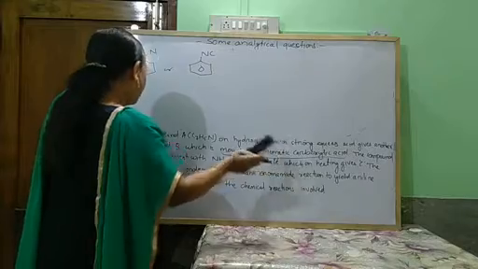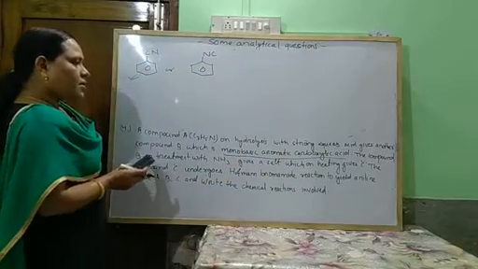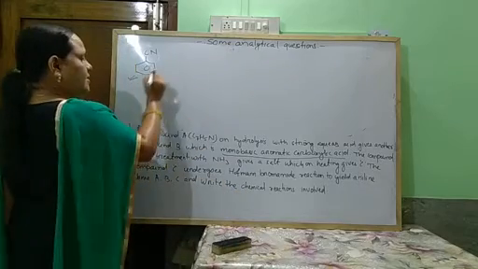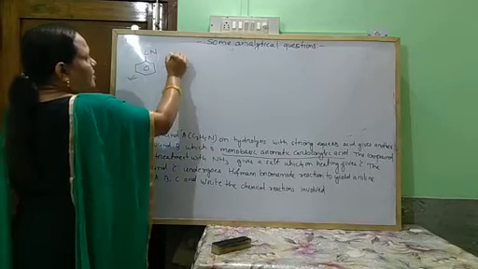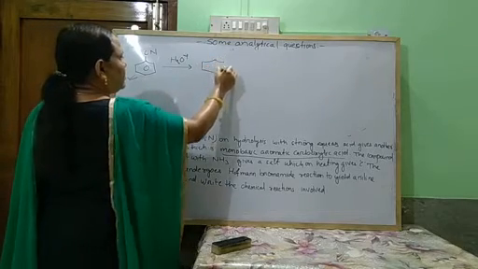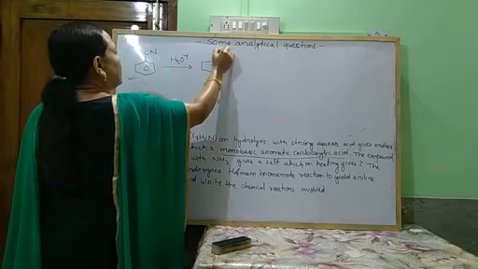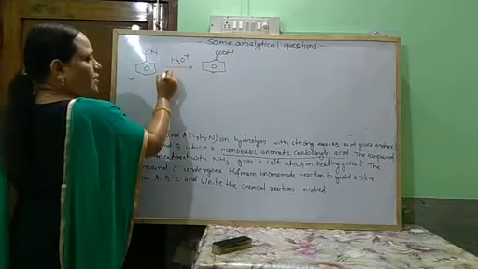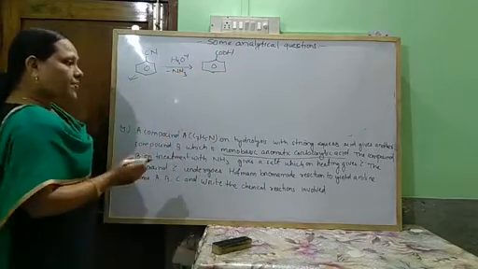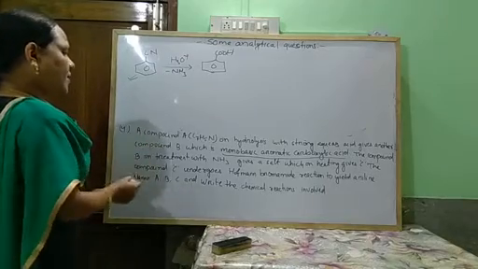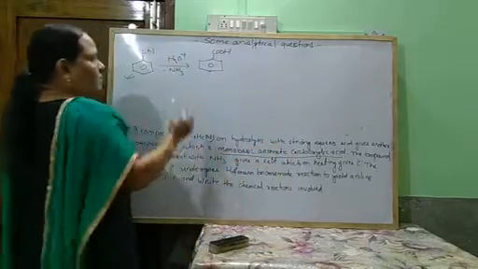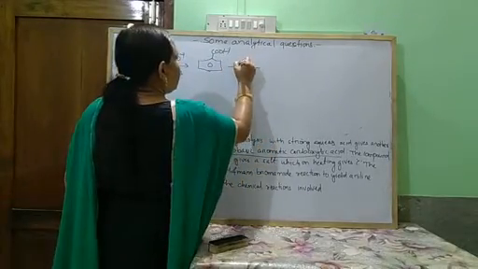Next, the compound B. Okay, so this compound in acidic hydrolysis forms benzoic acid with liberation of ammonia. The compound B on treatment with ammonia gives a salt.